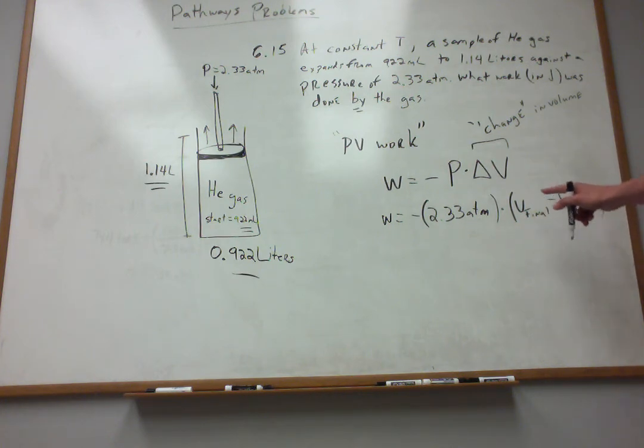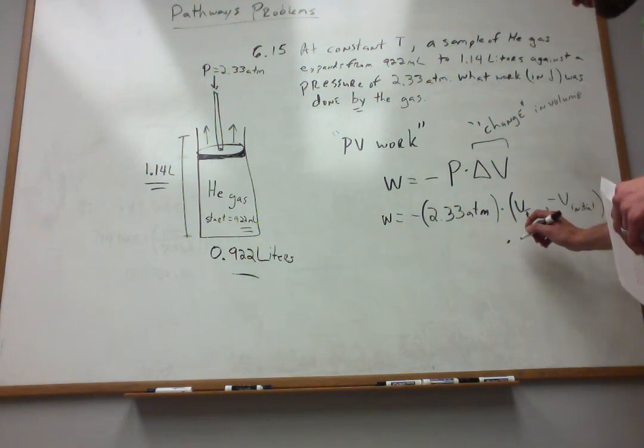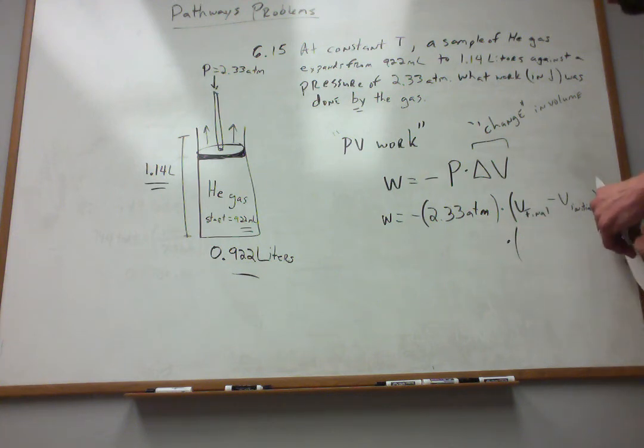Always final minus initial. It doesn't matter if we're talking about volumes, pressures, whatever. If it's delta something, it's the final quantity minus the initial. This is pretty useful, because instead of getting confused about which one comes first, or whether this is negative or positive, if you remember final minus initial, it becomes pretty easy.